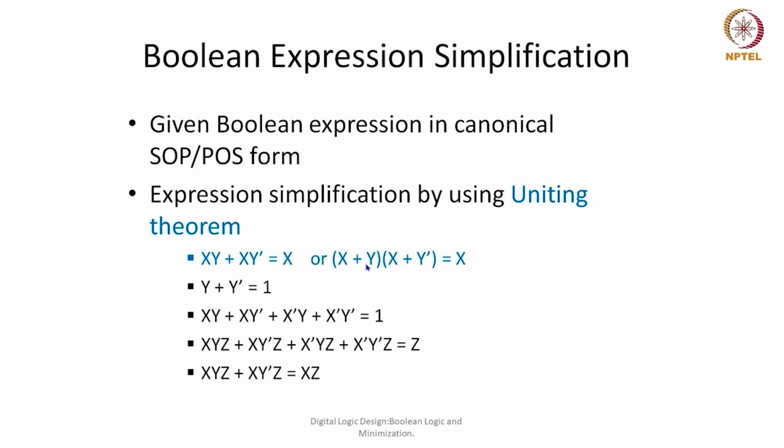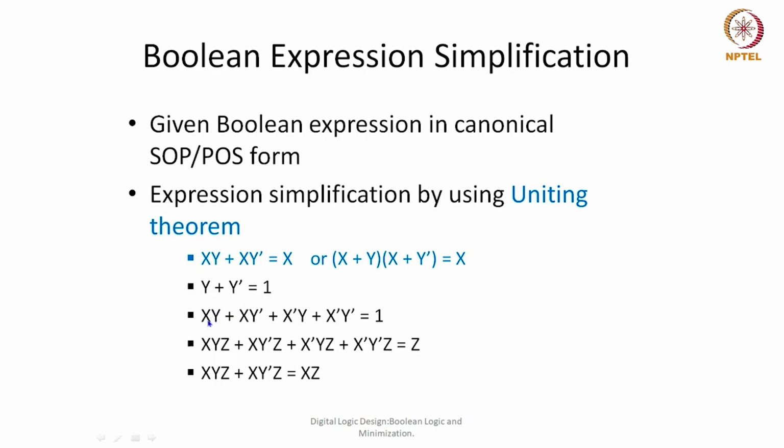So only one theorem is sufficient to simplify the expression. I'm giving various examples of this uniting theorem. Let's say y plus y dash is equal to 1, because both can be combined and will become 1.